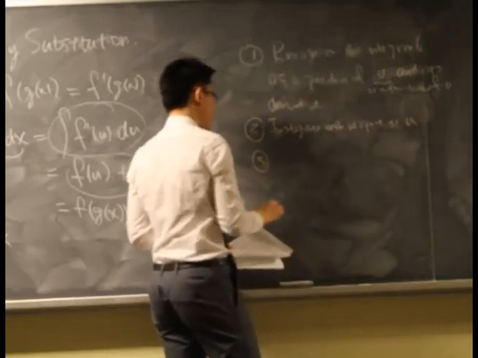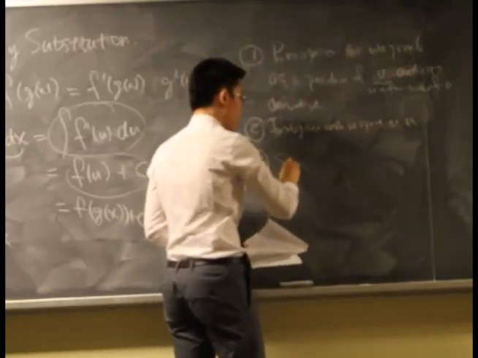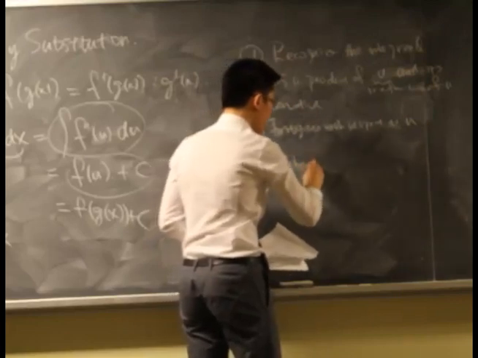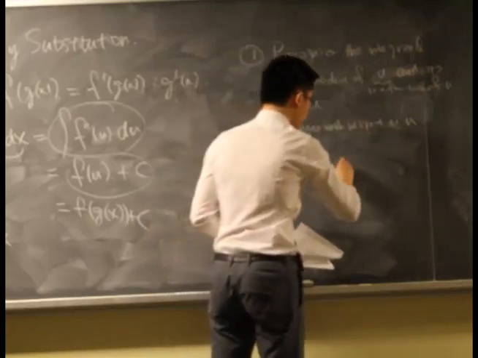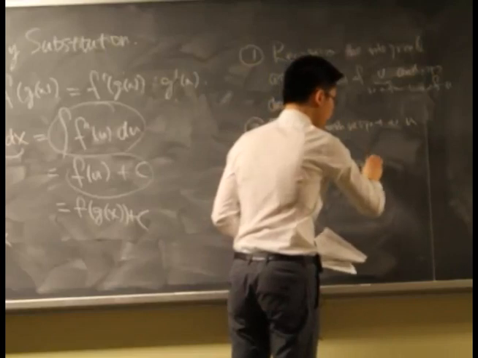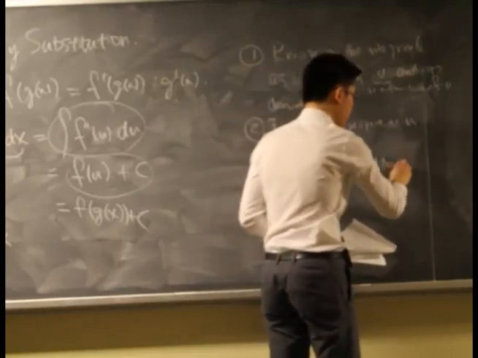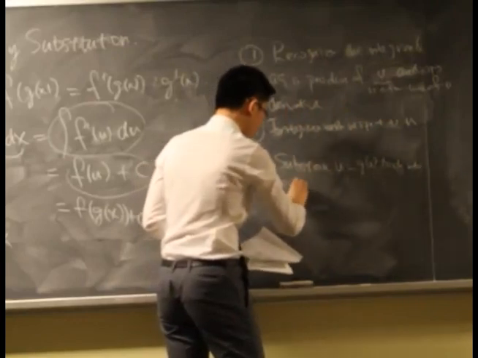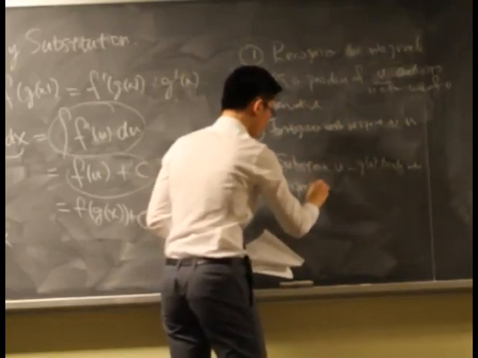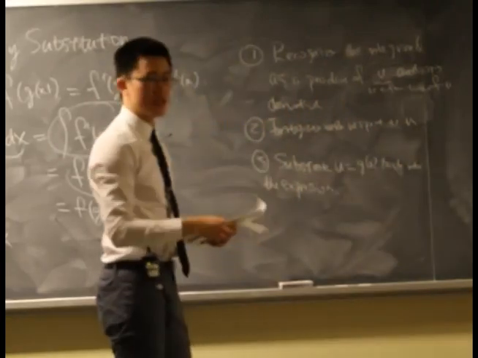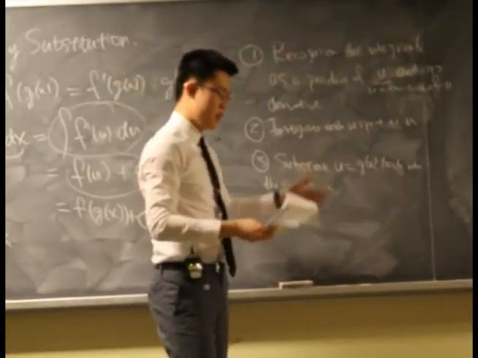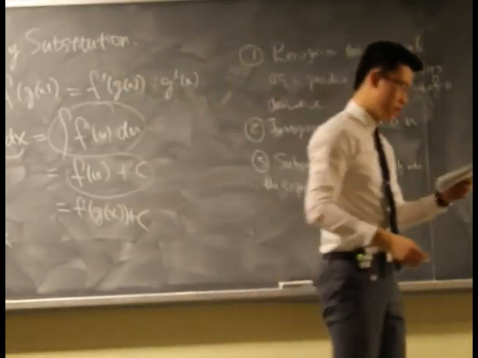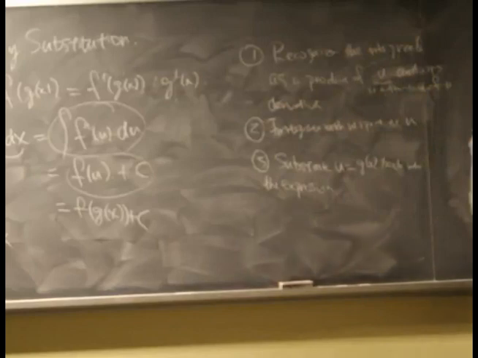And the third step is, after you finish the integration, to substitute u equals g of x back into the expression. I just wanted to give you guys a systematic idea of what exactly to do when you're integrating by substitution. So this may seem a little bit abstract, so let's walk through a few examples.